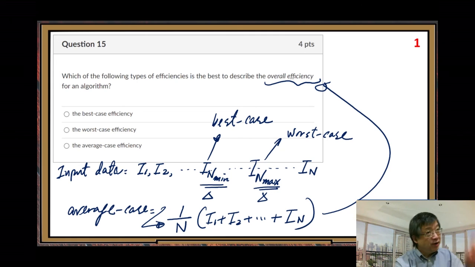The best case is only one case, one of the N possible cases. The worst case is another one, still only one of the N possible cases. All right, so with this background, now you try to answer this question.